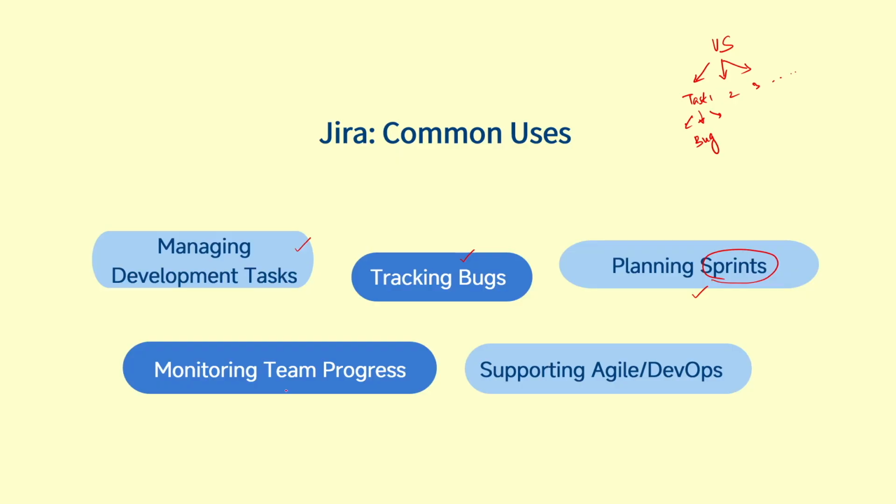You have started developing a sprint, a piece of work which could be done in a small amount of time, but that work has to be independent and it should work perfectly. While the sprint is in progress, you can monitor in what way the team is progressing. And obviously it supports Agile and DevOps.